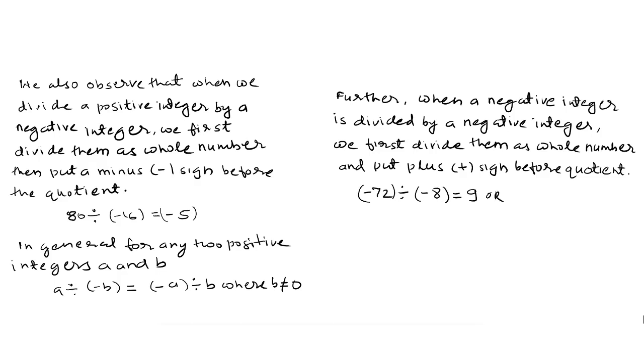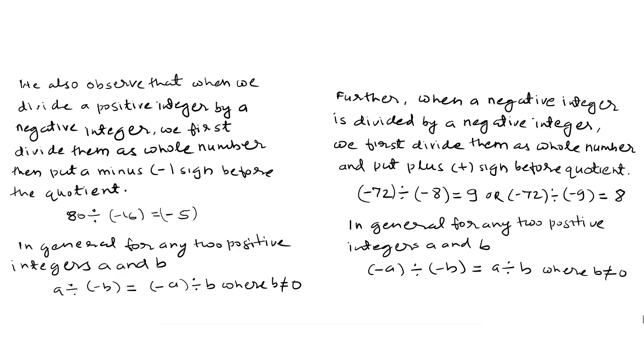Or minus 72 divided by minus 9 equal to 8. Here minus 72 is a negative integer and minus 9 is also negative integer, and when minus 72 is divided by minus 9, what we do, we divide 72 by 9 and we get quotient 8, which is a positive integer. In general, for any two positive integers a and b, minus a divided by minus b equal to a divided by b, where b is not equal to 0.